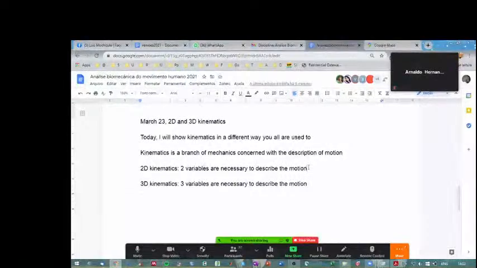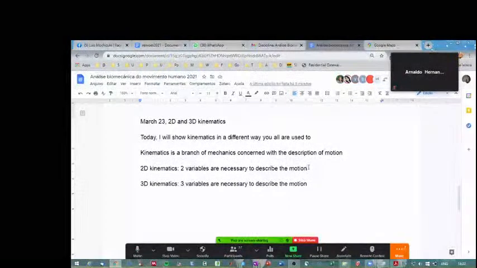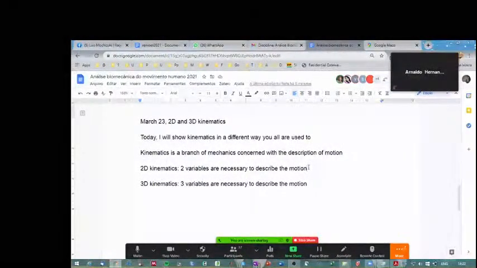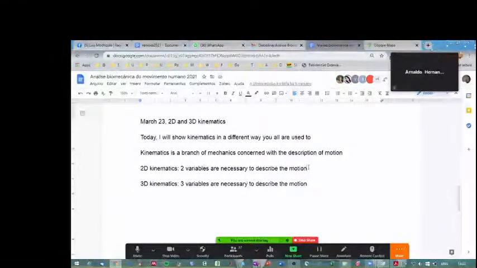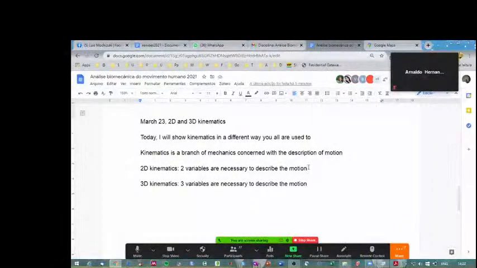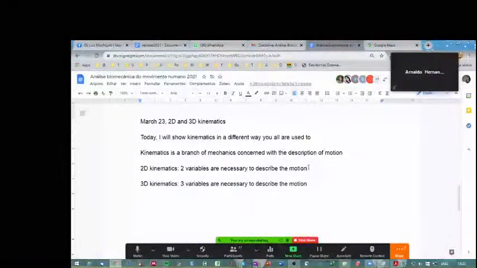Any question? Yes, if I may. Is time an important variable in describing motion, or for biomechanics is it irrelevant? No, time is important. But when we are thinking about kinematics and we talk about the variables, we are not considering time.